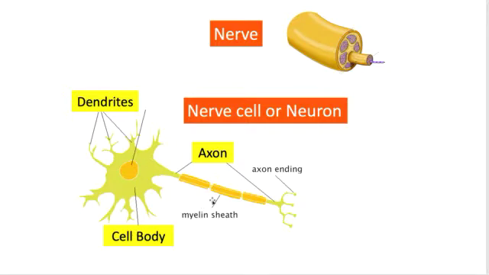Here's the cell. This is a neuron. A nerve is not the same thing as a neuron. Nerves are, in fact, collections of neurons, so they're more like a tissue or an organ, because they have connective tissue associated with them. There are features of the neuron that you should know.